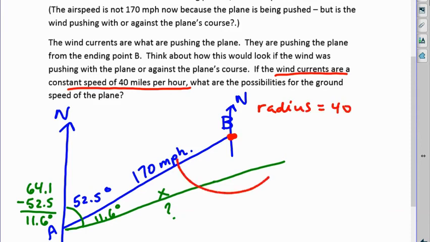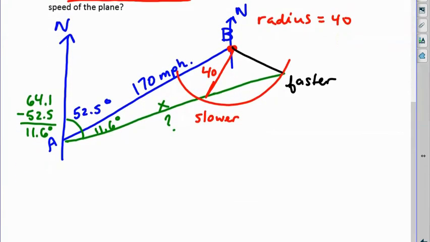As I swing my arc, I could have a wind of 40 miles per hour that's pushing against my plane, making my plane slower. Or I could have a current that's pushing with my plane, and it will be making my plane faster. And that's the jet currents that as you fly in a plane, sometimes your plane goes faster than you expected, and it's because the wind's helping you, or slower than you expected.